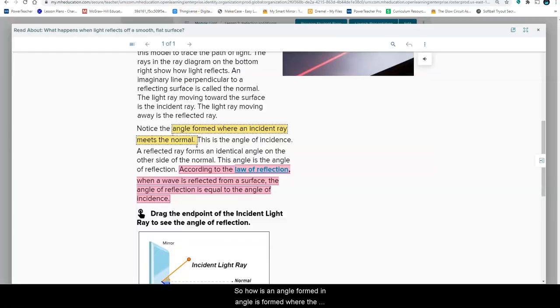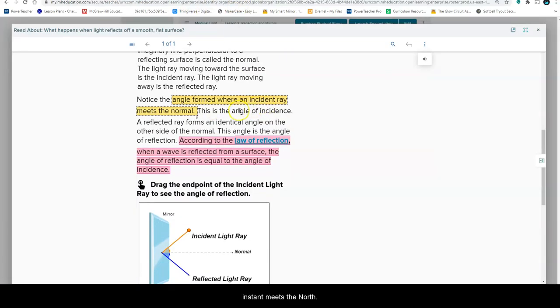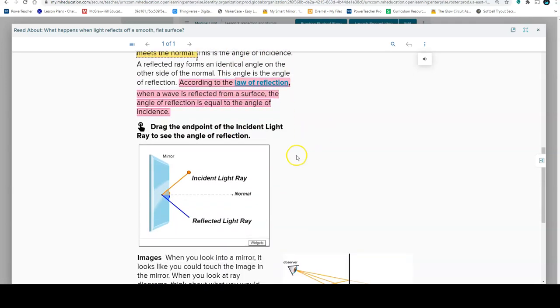So how is an angle formed? An angle is formed where the incident meets the normal. So the normal is kind of like this line that is perpendicular, or at a right angle, to the reflection. So it's just a straight perpendicular.